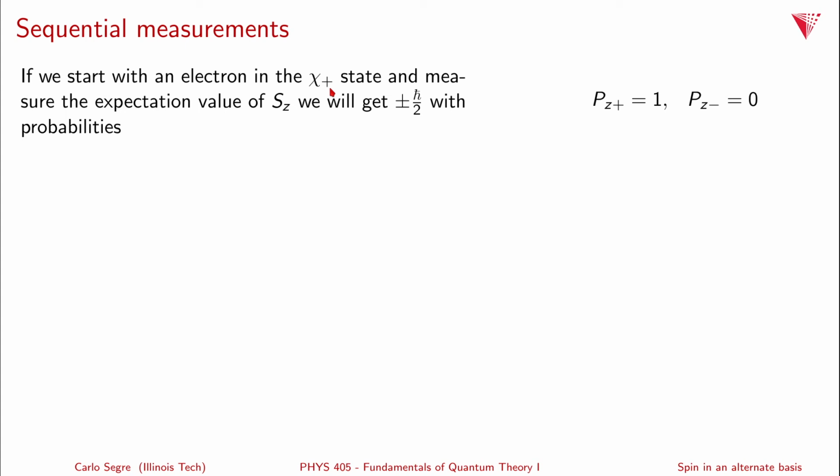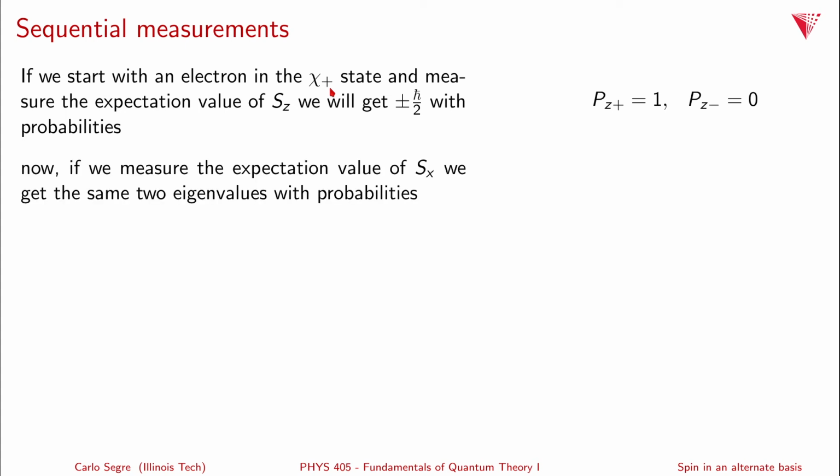And that's pretty straightforward. What about if we measure the expectation value of S sub x? We get the same two eigenvalues, but the probabilities are different. The probability that we measure P x plus is 0.5. It's half. The probability that we measure P x minus is also 0.5.